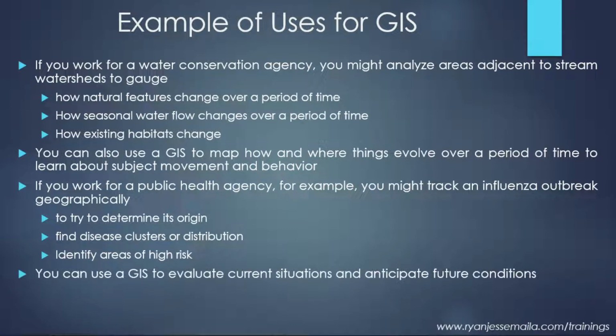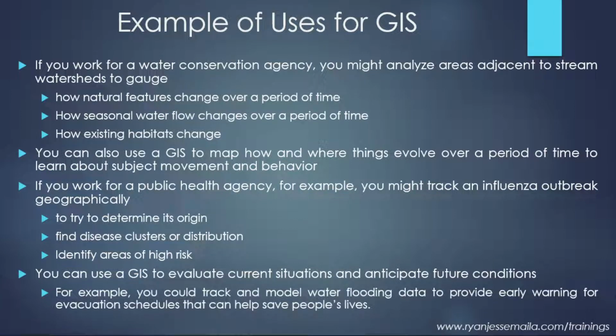You can use a GIS also to evaluate current situations and in the process anticipate future conditions. For example, you could track and model water flooding data to provide early warning for evacuation schedules that can help save people's lives. So there are quite a number of applications and uses of GIS, which I may not be able to exhaust.